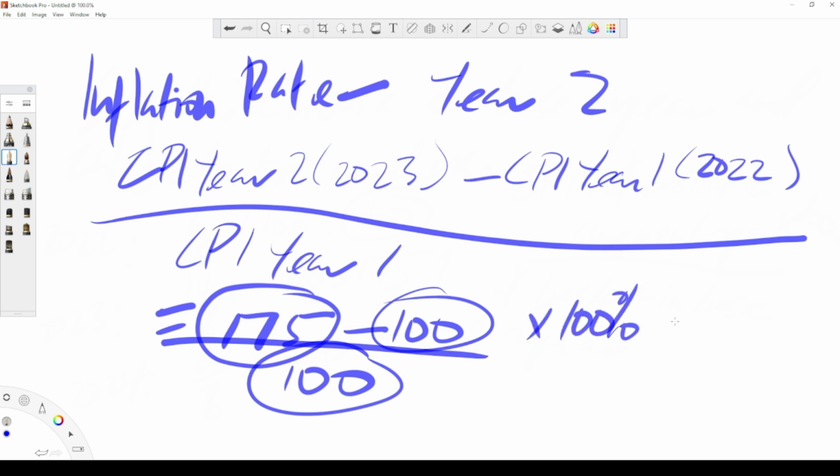Now this is a rate, and this should give you 75%. So the inflation rate in the economy is 75%. This example is just a simplification of the way this calculation works, just to help you understand the concept.